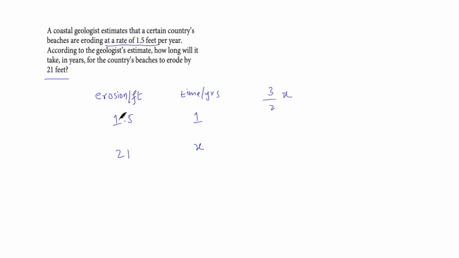I have converted this into a fraction just to ease out the calculation, and we have 21. X equals 21. You know the drill now. Do not multiply. 21 divided by 3 is 7, and your answer is 14. So it will take 14 years for the country's beaches to erode by 21 feet.